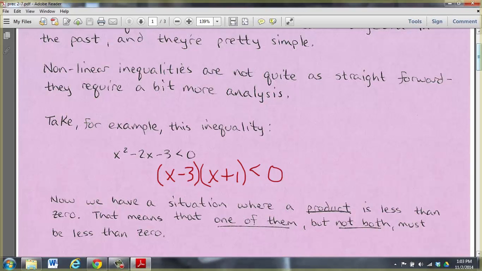Now we have two things that are being multiplied, and the product of them has to be less than 0. So that means that one of them, but not both, has to be negative.